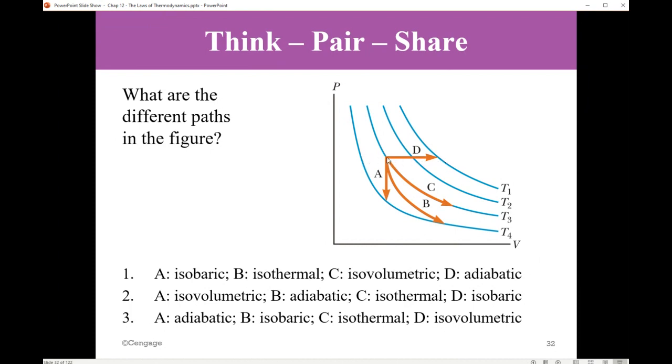So this is an isobaric process. For C, this is at constant temperature. So this is an isothermal process. And B is an adiabatic process. So here the temperature changes from T3 to T4 for adiabatic processes, but the Q will not change. So this would be the right answer for this problem.